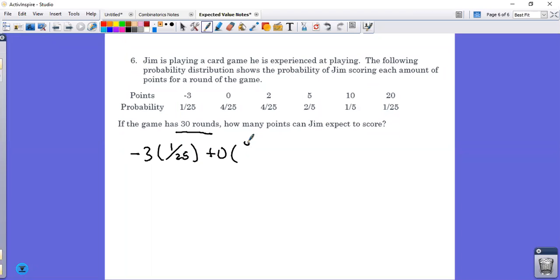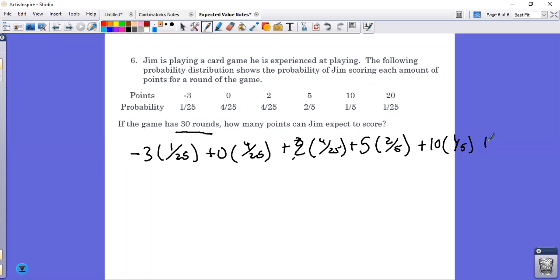So -3 times 1 out of 25, plus 0 times 4 out of 25, plus 2 times 4 out of 25, plus 5 times 2 out of 5, plus 10 times 1 out of 5, and 20 times 1 out of 25.